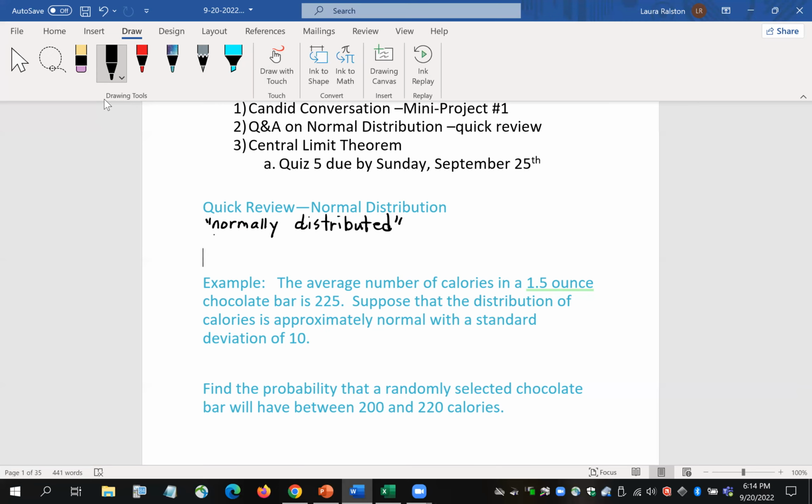Somehow, some verbiage, it needs to imply that the distribution is normal.